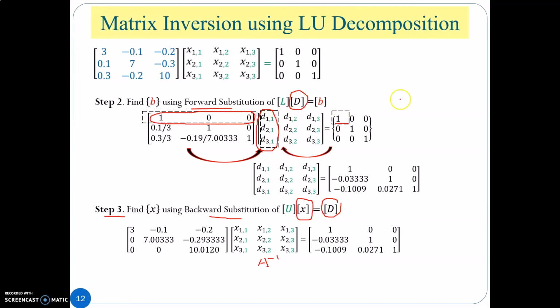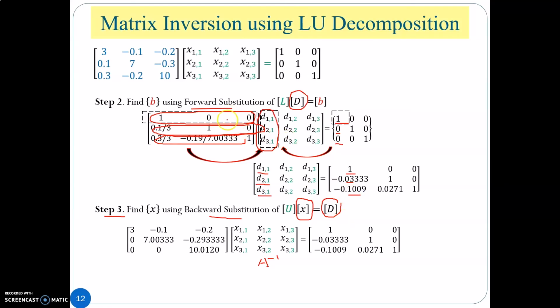From this equation, you obtain D11 equals 1. You repeat for the second row, multiplied with this column equal to 0, and then you obtain the answer for D21, which is this. You continue for the third row, multiplied with this column equal to 0, so from this equation you can find D31 equal to this answer.